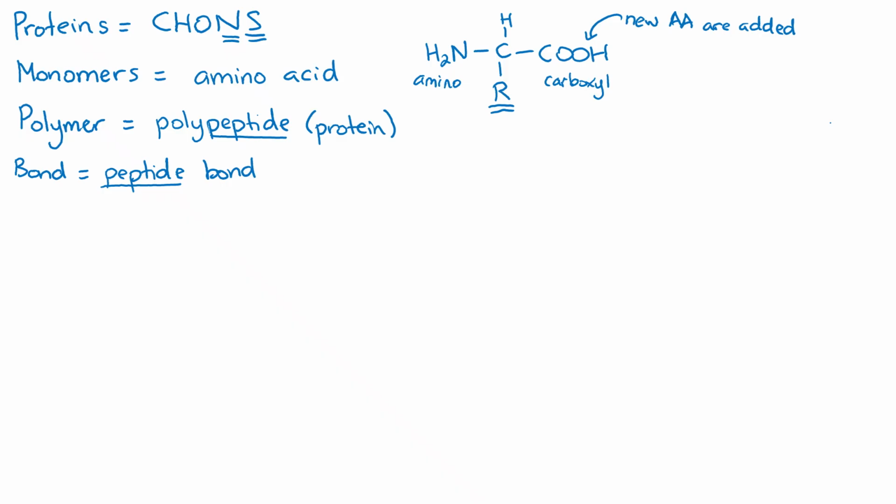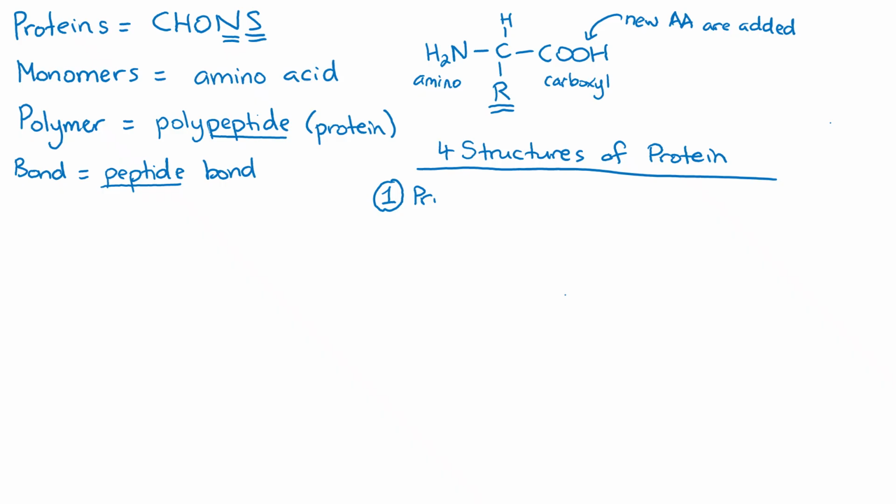So there are four structures y'all need to know well. So I'm going to start here. Four structures of protein. The first one is the primary structure. The primary structure can be defined by a sequence of amino acids.